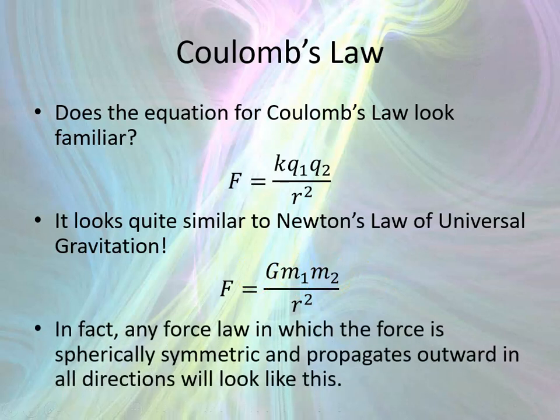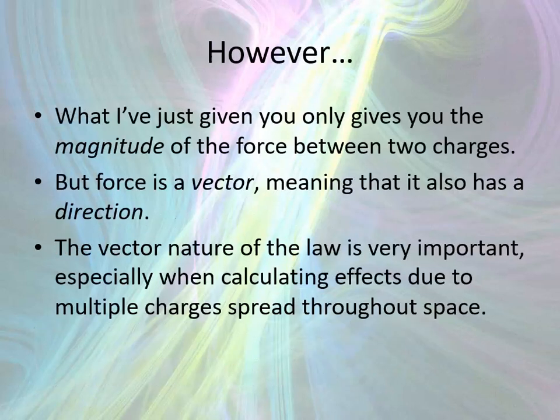In fact, this type of situation will occur whenever you have a force law where the force is spherically symmetric. In other words, it appears the same any way you look at it, and it propagates outward in all directions. So you're going to get an inverse square law in that sort of situation. This will make a lot more sense when we talk about electric fields later on in this unit.